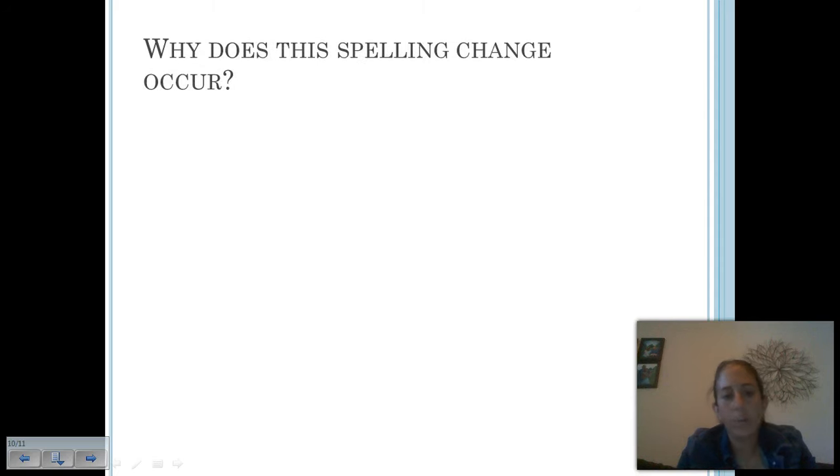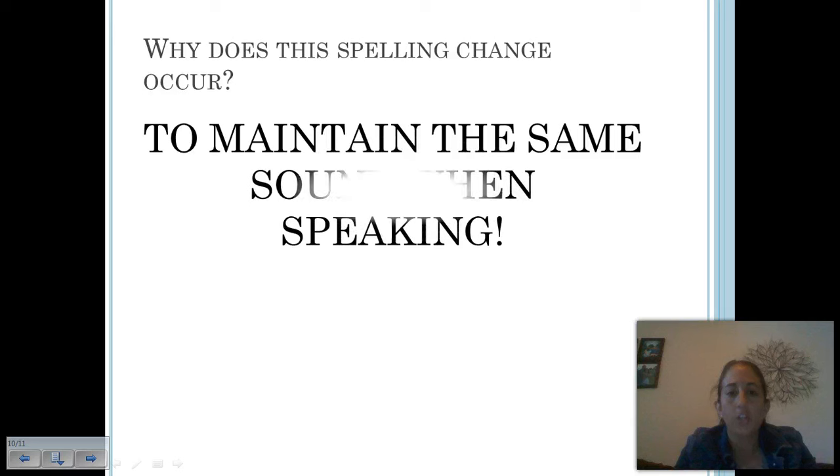All right, again, we talked about why the spelling change occurs: to maintain the same sound when speaking. So we just have to make that change in our writing as well. If you want me to go into more detail about why the letter that tricks us up in our carzars is the letter E, which is what makes us change, I'd be happy to do so.